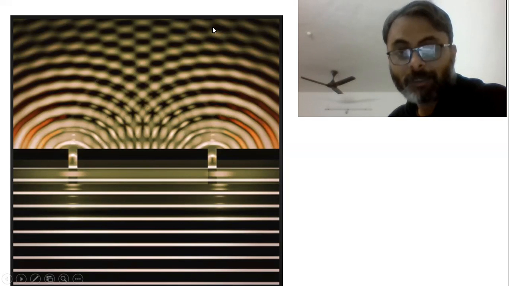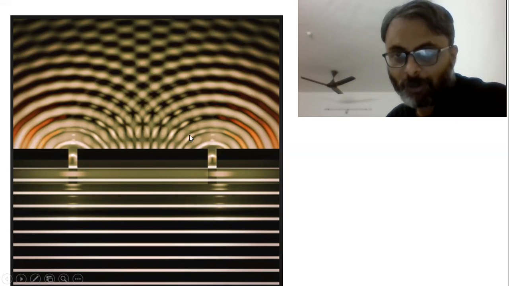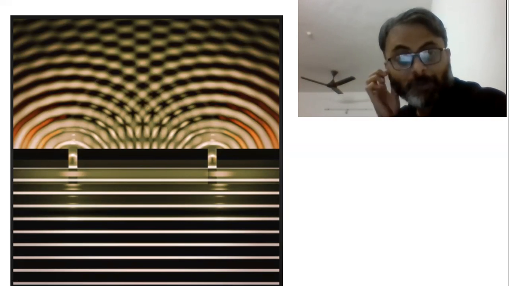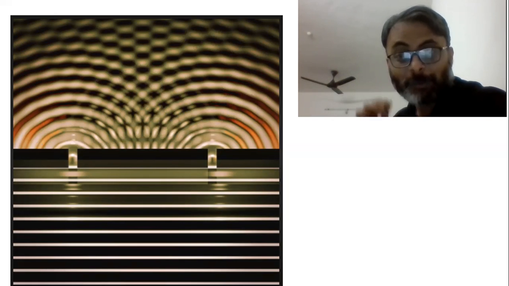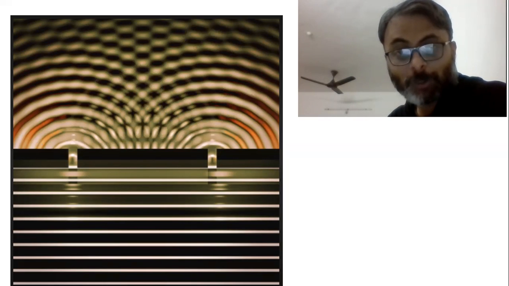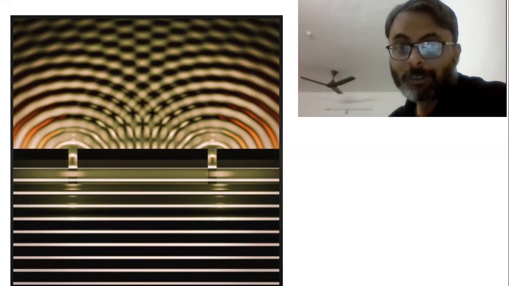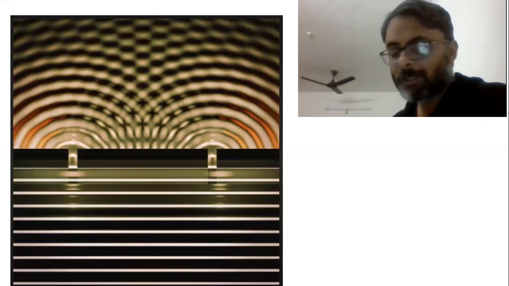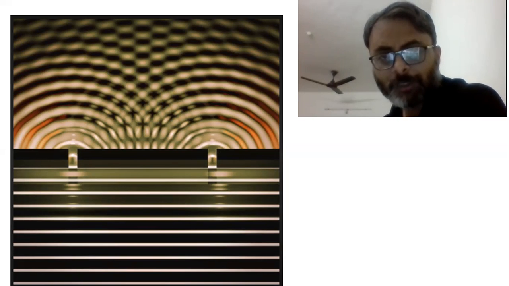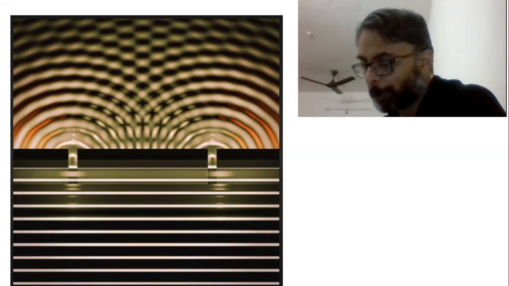In some places troughs meet troughs and crests meet crests, so the light might get exaggerated, or it might become completely dark. That is how you get alternate bands of light and dark. That's called interference. That is very straightforward, and with only the wave theory of light, this can very well be explained. There's not much of a problem there.